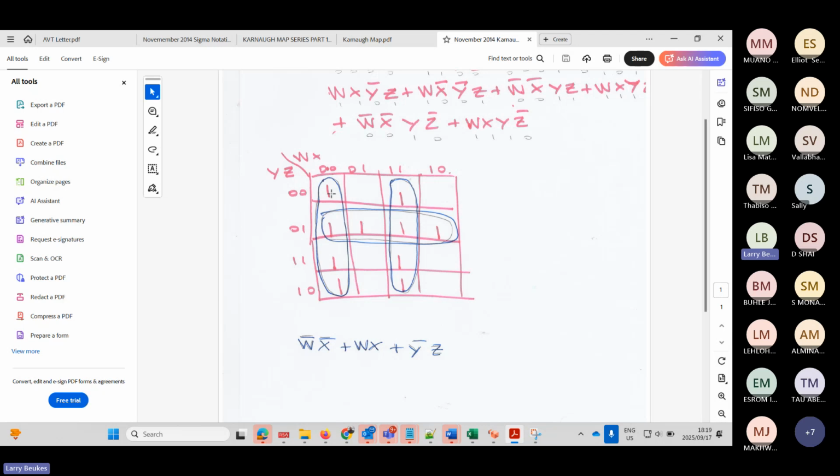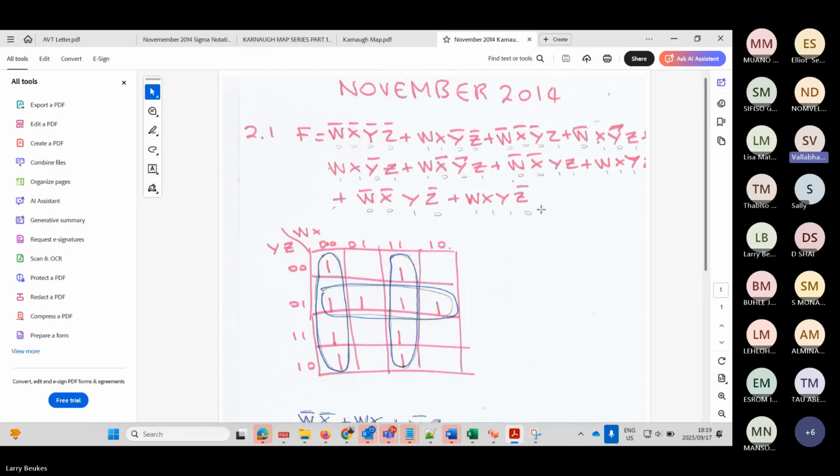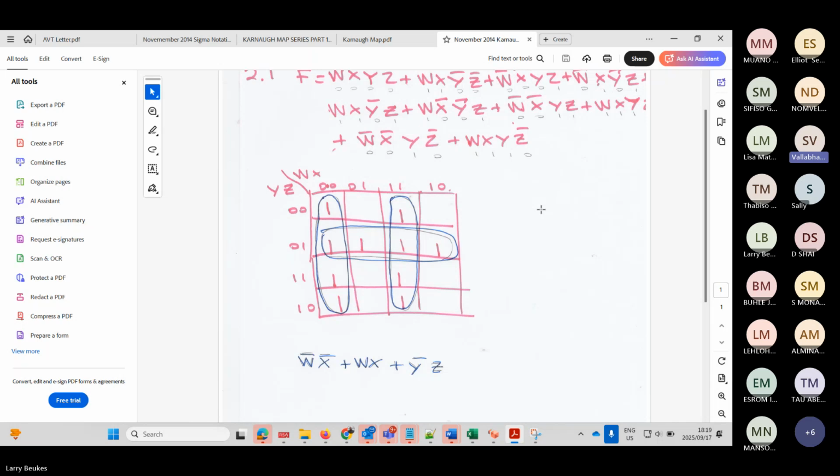Then from there, you look for variables that do not change states, right? Just one more thing: you should always form groups in the form of 2 to the power of n. Suppose n is equal to 1, you can use 2 ones adjacent to each other as one group. If it is 2 to the power of 2, that means 4.